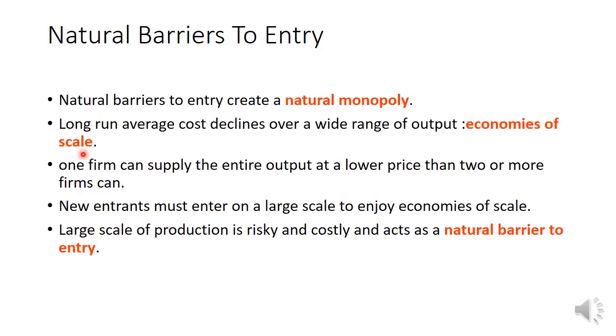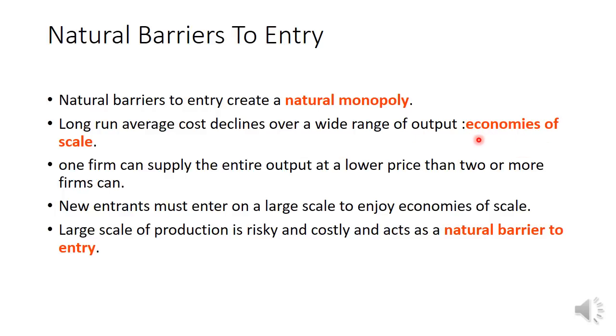For long run production, some companies enjoy economies of scale, the advantages of being a big company. Because of that, their costs can be very low. All right. Now, this low cost cannot be matched by a new company which has just come in to sell. They will not be able to match the size of this incumbent firm with economies of scale.